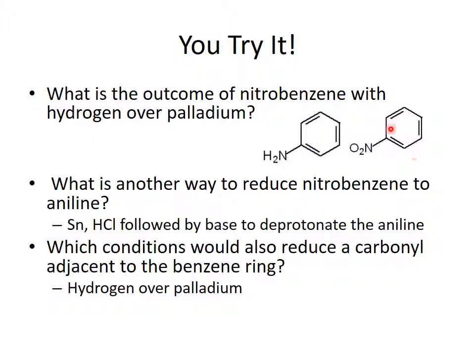What is another way to reduce nitrobenzene to aniline? Well, if we use tin and hydrochloric acid followed by base to deprotonate the aniline, it will work. Which conditions also reduce a carbonyl adjacent to the benzene ring? Hydrogen over palladium.